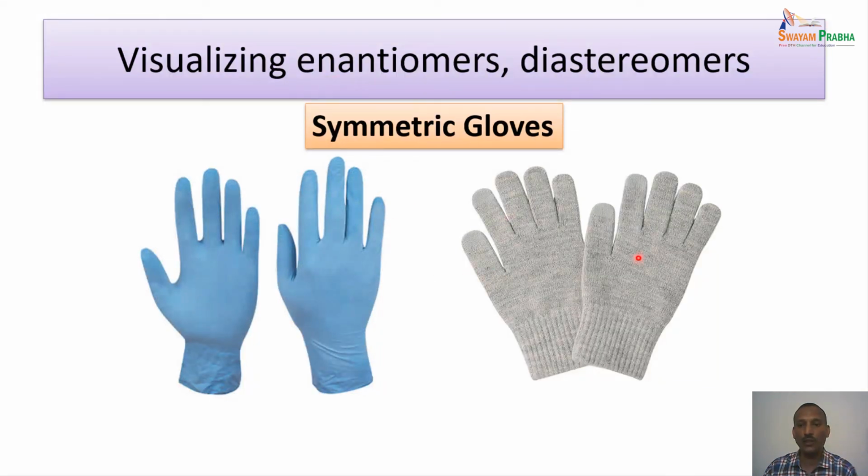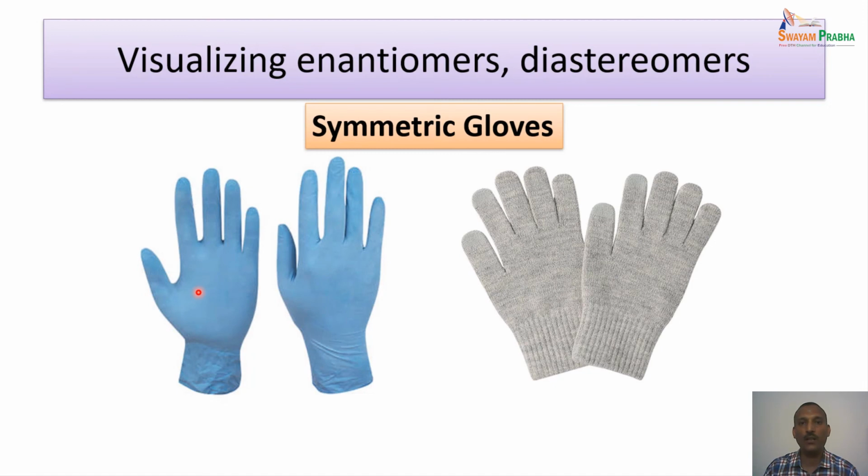This glove is superimposable on the other glove, so when you superimpose them, you get the identical compound. You are not having right and left. Even though we say right hand and left hand, if you exactly place one over the other, we end up with exactly symmetric gloves. That means we do not have any object-mirror image relationship.